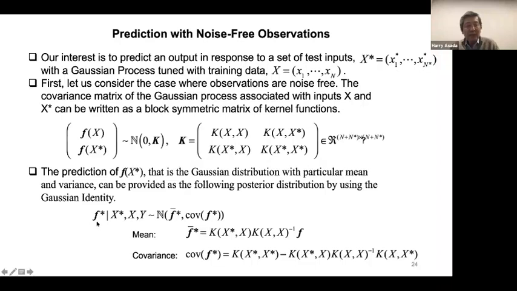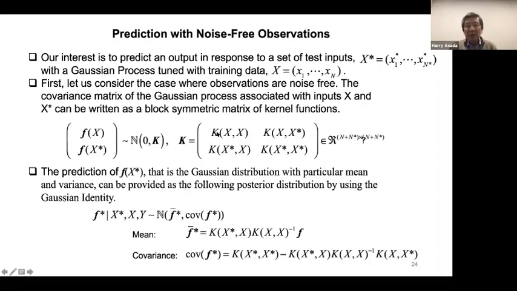And because it is noiseless, I just put in f instead of y star. So this has a mean value of this and a covariance of this. The mean value is given by this. This is the part we can derive from the previous case, and I just replace the covariance, inner product or quadratic form, which turns out to be kernel functions, into this form, and then we can rewrite the previous case in this form.